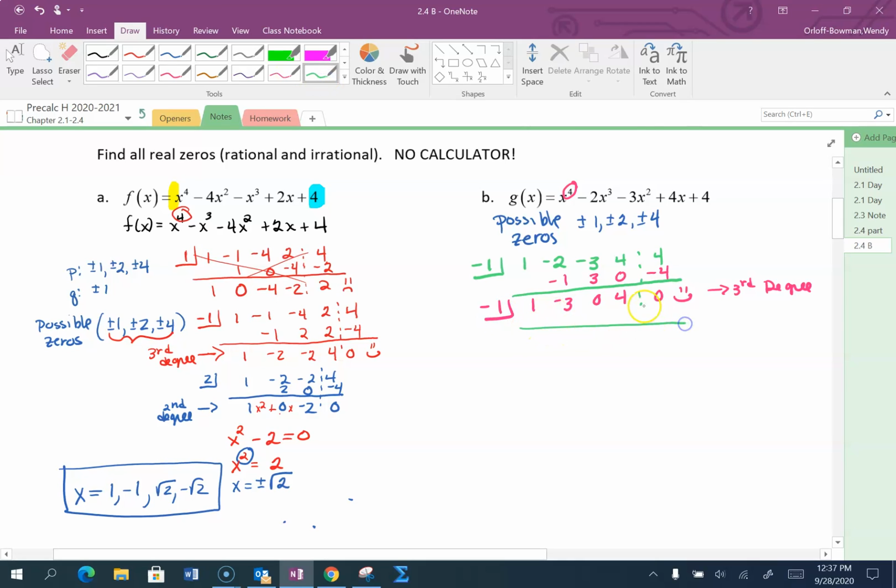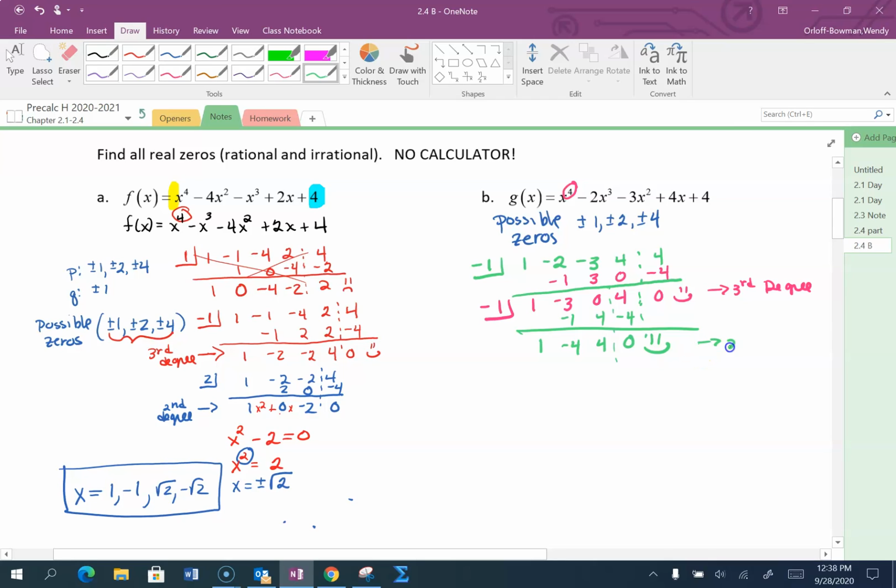And so I'm going to bring down my 1, multiply it, and this is actually where my remainder would go. And look, yay. So I did have a multiplicity there. -1 is a 0 with a multiplicity of 2.